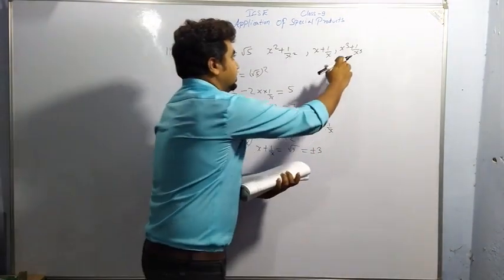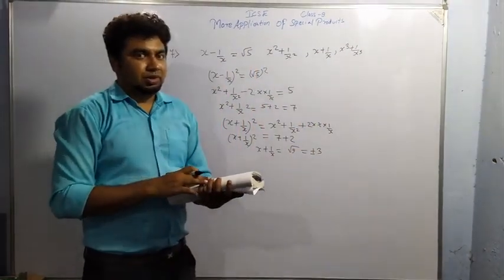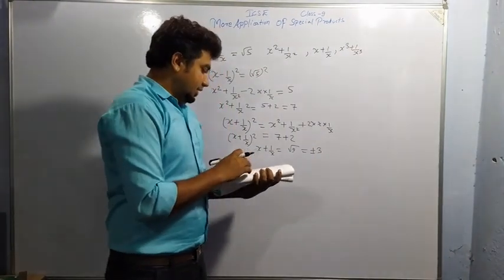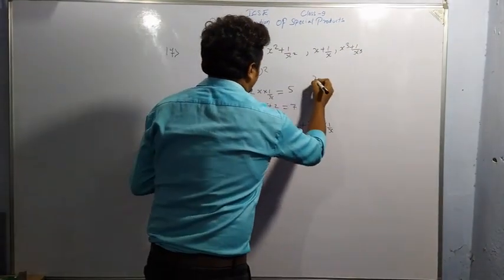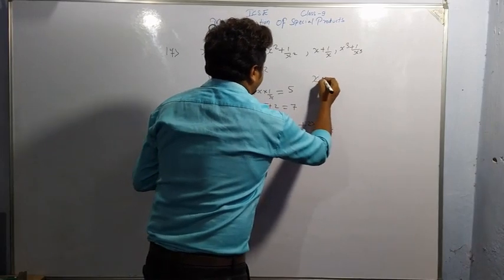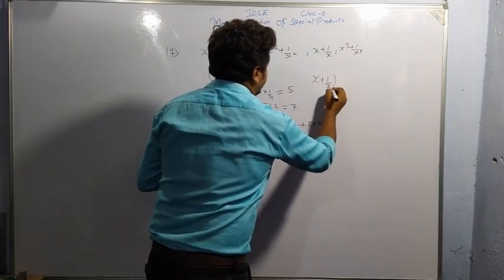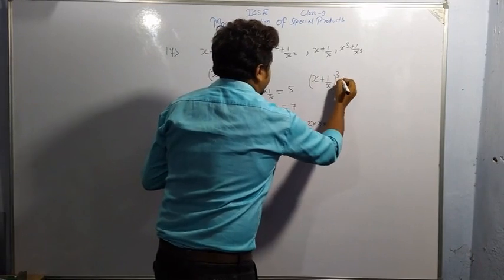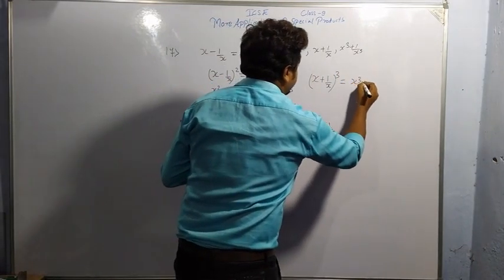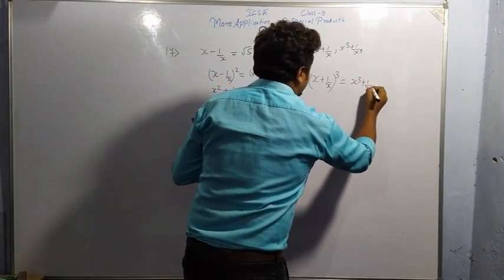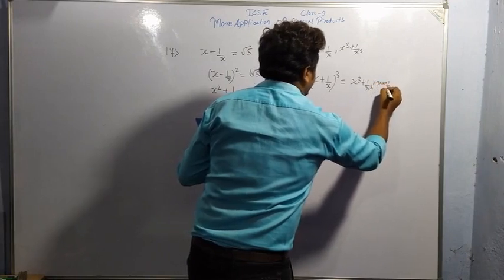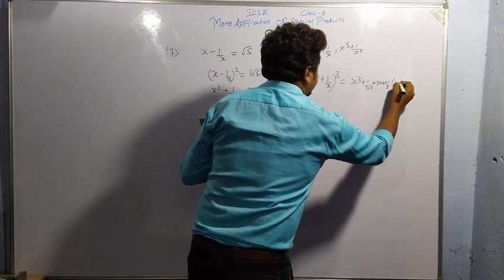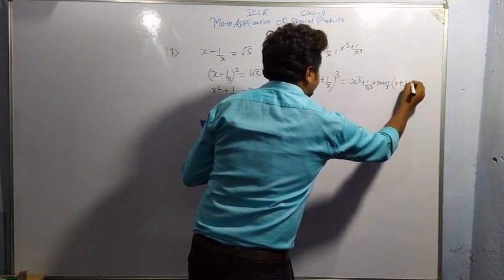Now we have to find the value of x cube plus 1 by x cube. This value we can find again. x cube plus 1 by x cube, I am doing by another method: x plus 1 by x whole cube is equal to x cube plus 1 by x cube plus 3ab, 3 into x into 1 by x, times x plus 1 by x.